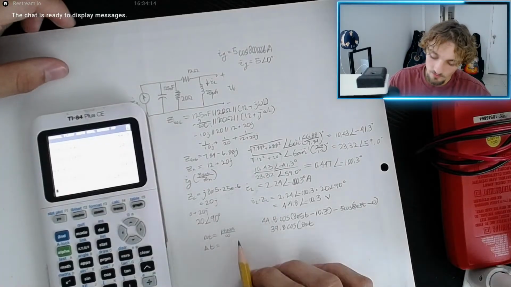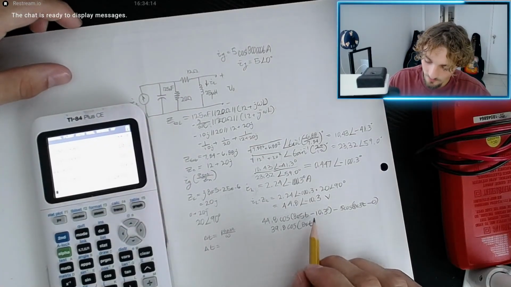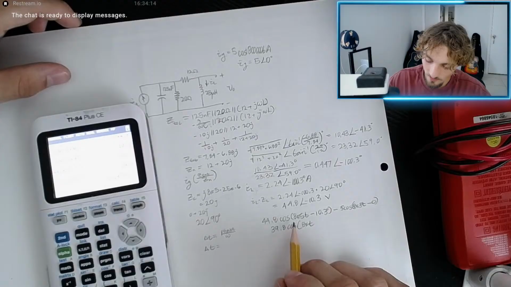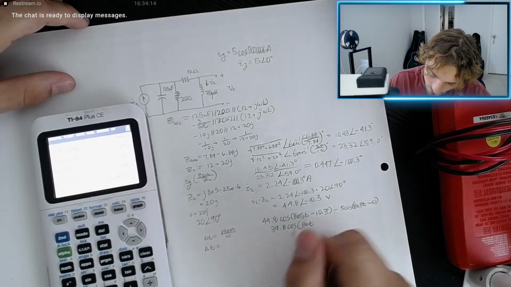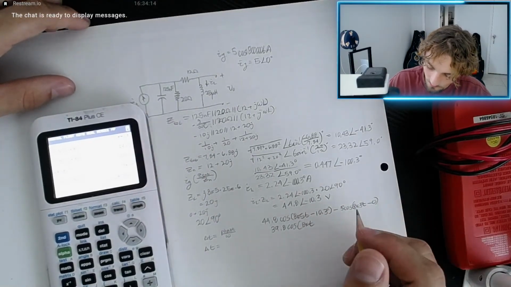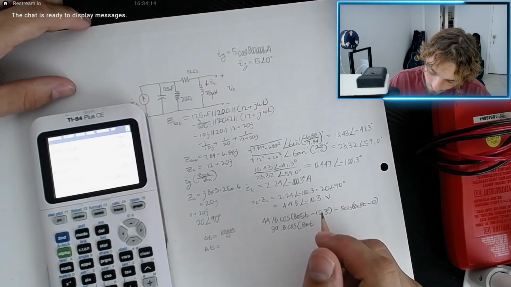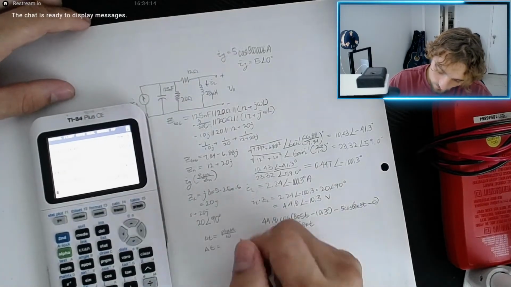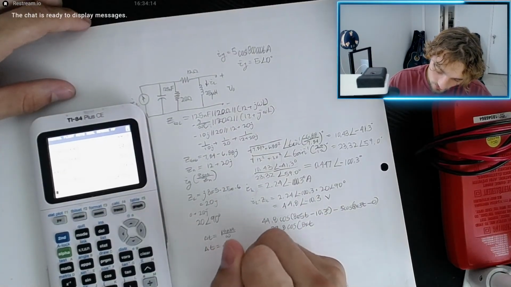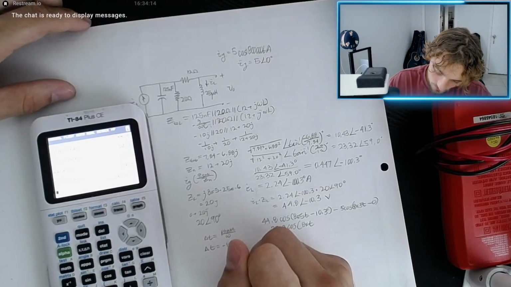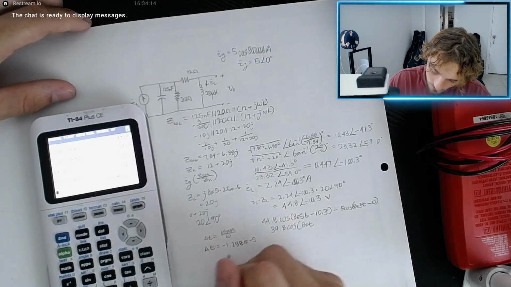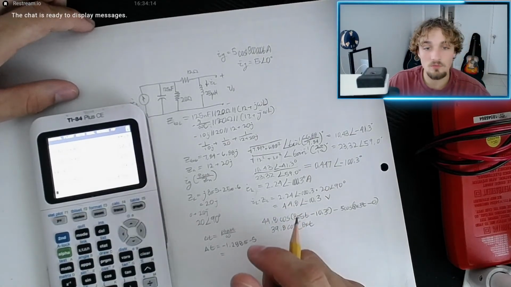I did the phase angle divided by omega, so that'd be negative 10.3 divided by 8E5, delta t. The change in time would equal negative 1.28 over 8E negative 5, equals, and it says in what?